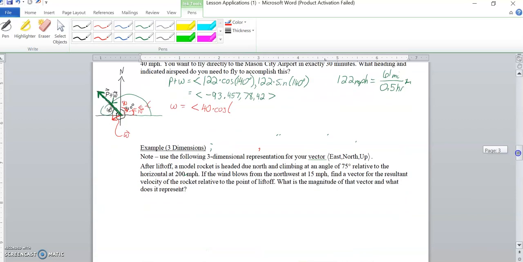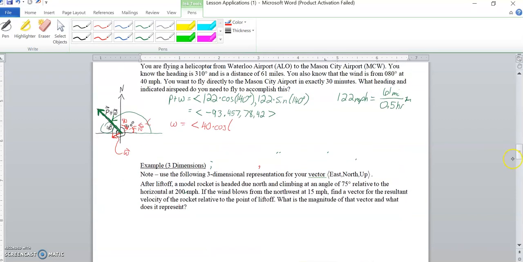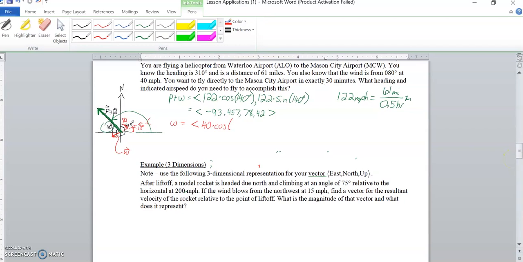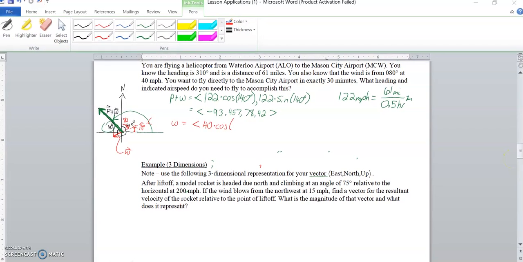Let me move this. There we go. So what we need to find here is now from here all the way through to this guy.